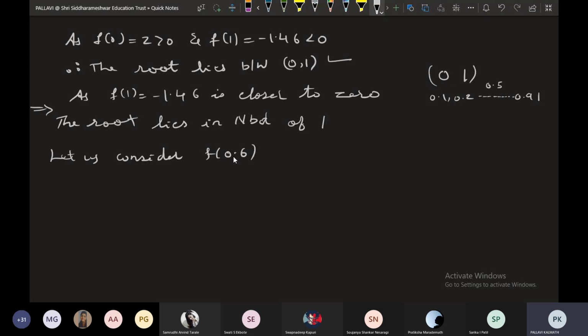Please tell me what will be f of 0.6. 0.0253. It is a positive value.